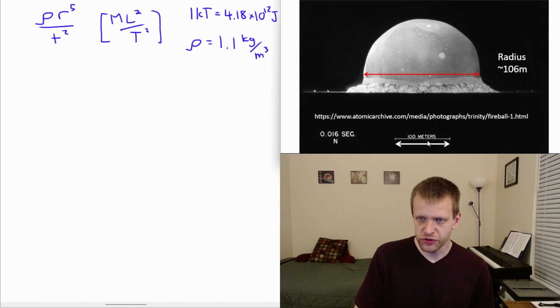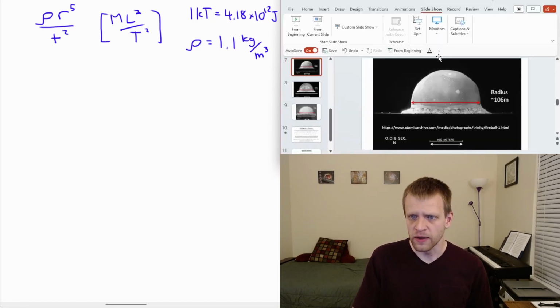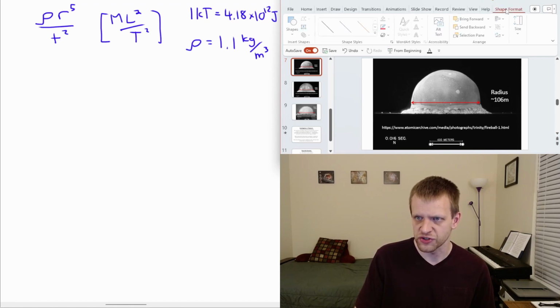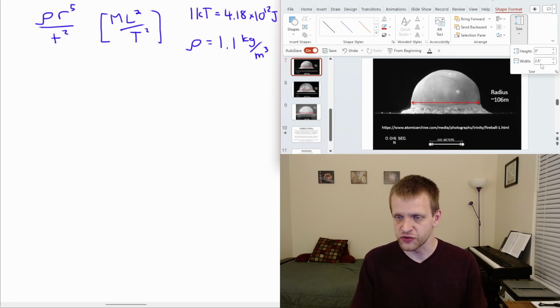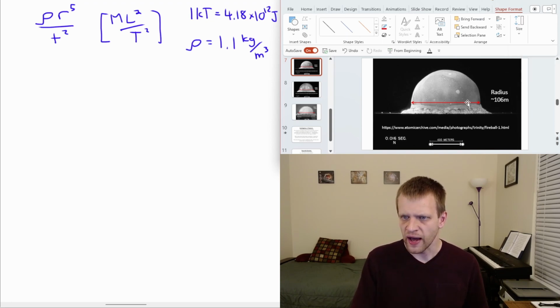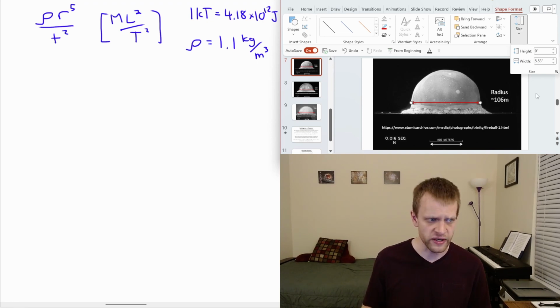I've tried to use this scale to get an accurate reading of the radius of this explosion, and I can show how I got that. Basically on PowerPoint, I drew these 2 lines. The scale has a length of 2.6 inches, and the explosion itself is 5.53 inches.